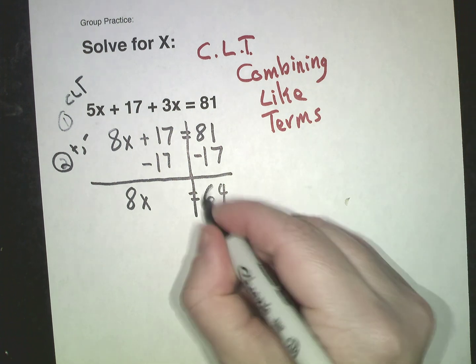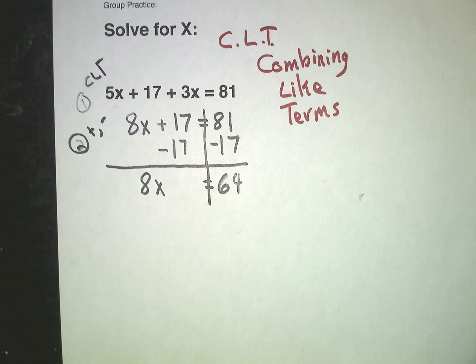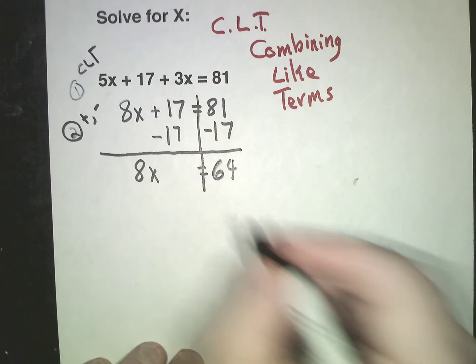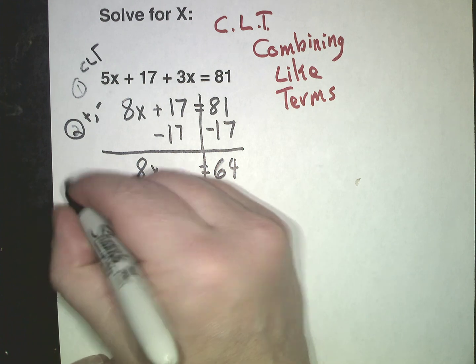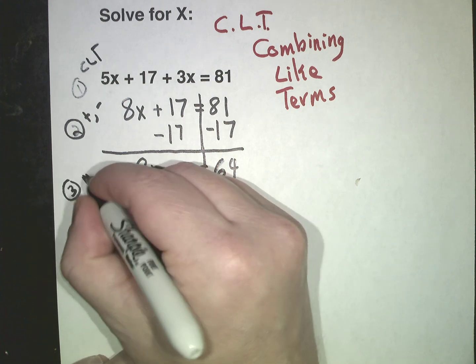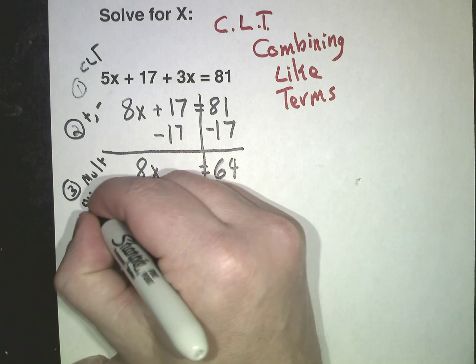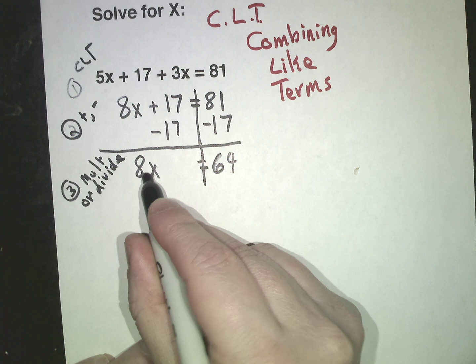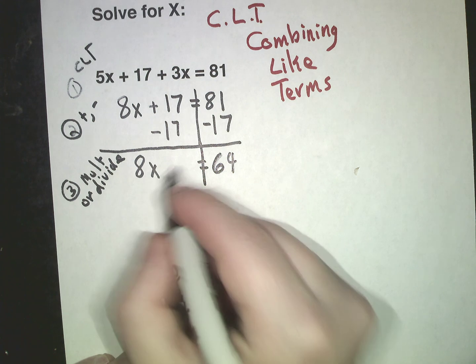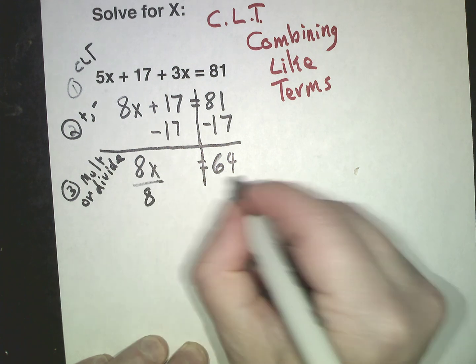Now some of you may already get the answer if you know your perfect squares, but you don't have to worry about that right now. Next, the third step is multiply or divide. In this case, this is 8 times x, so I have to divide by 8 on both sides.